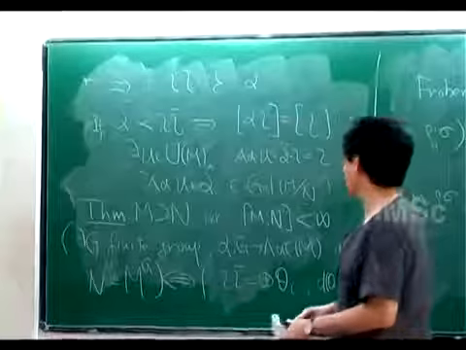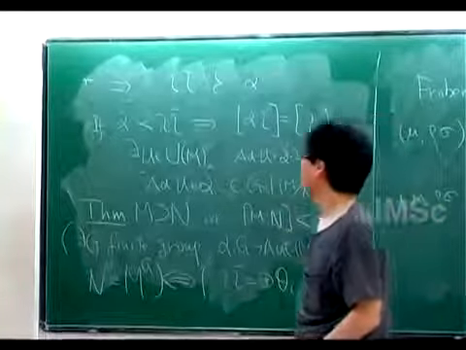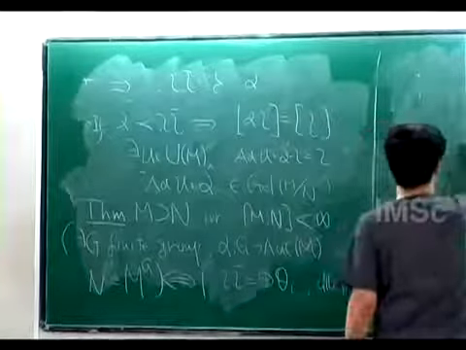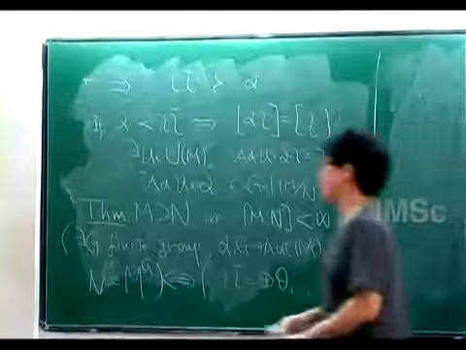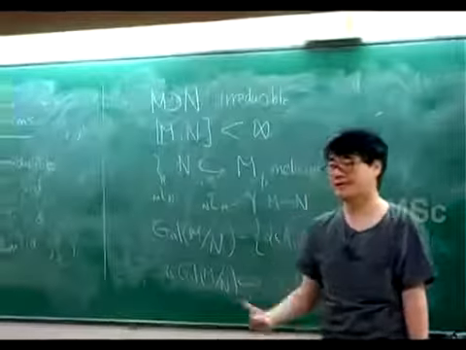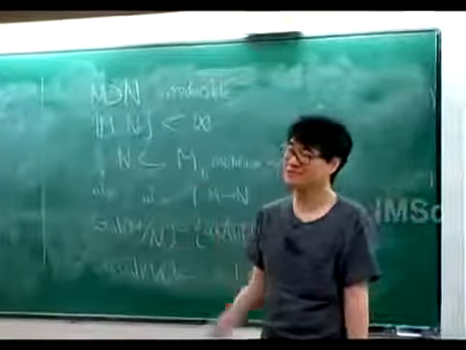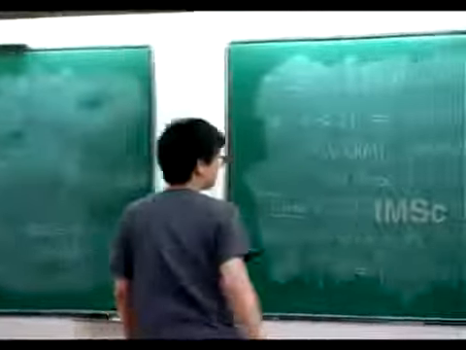Is it an outer action? It's automatically outer because of the irreducibility. In the irreducible case, any non-trivial element of the Galois group is outer, because simply the relative commutant is trivial.